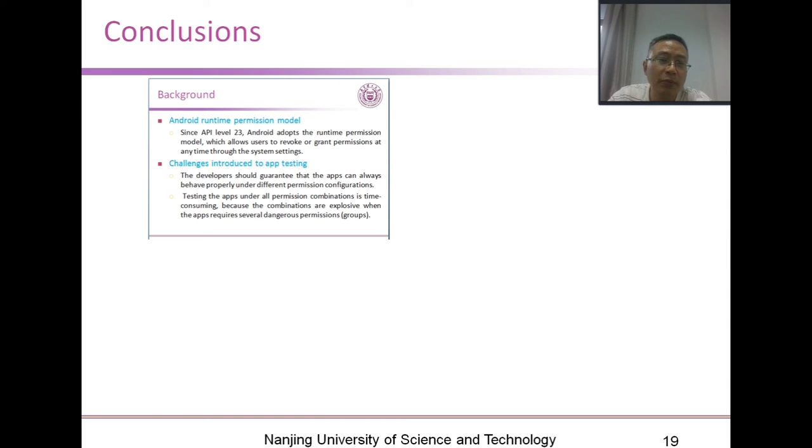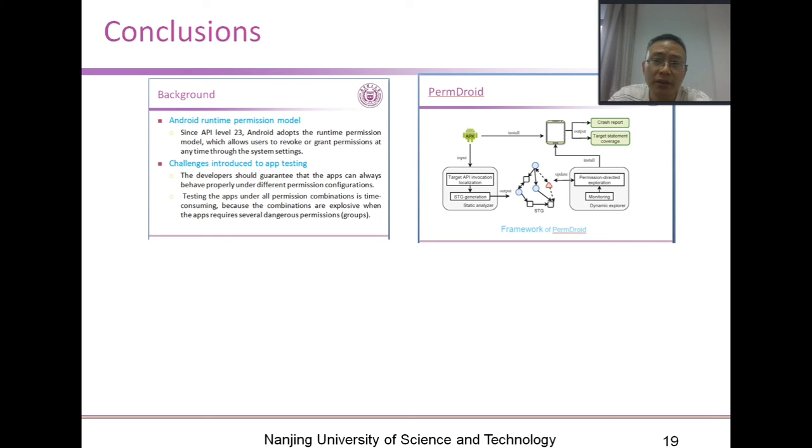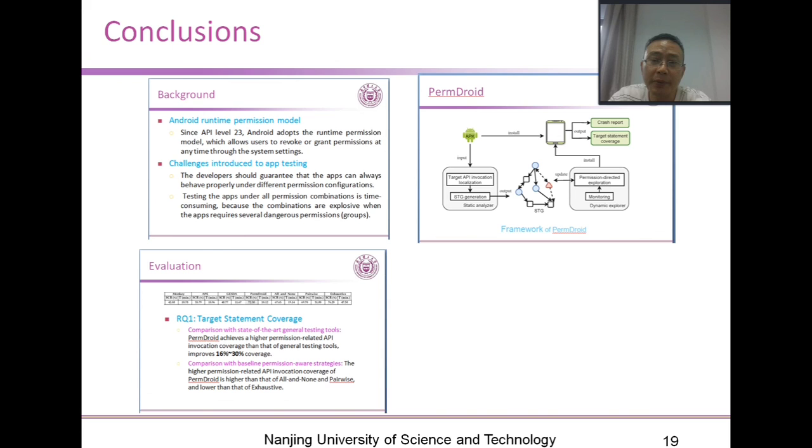In summary, in this paper, we first showed the necessity to test APPs under different permission configurations, and to improve the testing efficiency, we have presented PermDroid, which utilizes a locally exhaustive strategy to test APPs.